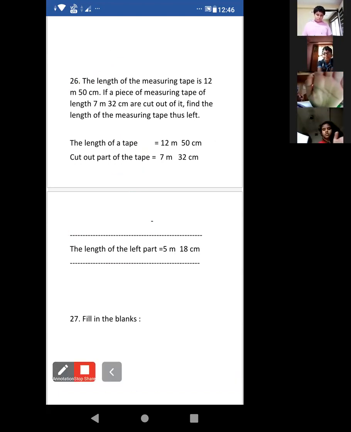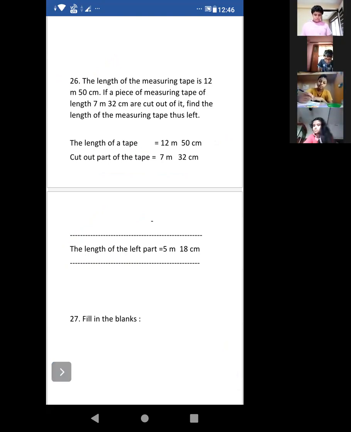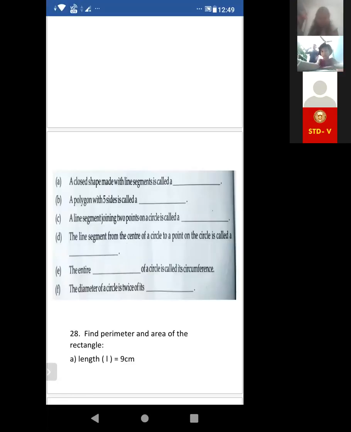Look. Number 27. Fill in the blanks. This one you will do in the book. Let me unmute all of you for a minute. A closed shape made with line segments is called a dash.